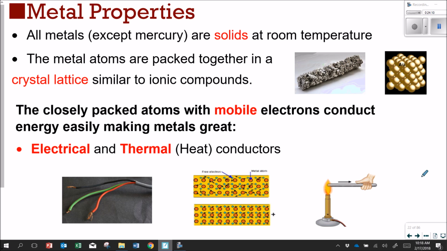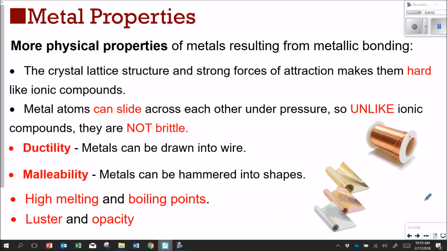Some metal properties: all metals except mercury are solids at room temperature. They are also packed in a crystal lattice, similar to ionic compounds. The closely packed atoms with mobile electrons make it that metals are great electrical and thermal or heat conductors. Some more properties of metals. The crystal lattice structure and strong forces of attraction make them hard like ionic compounds.